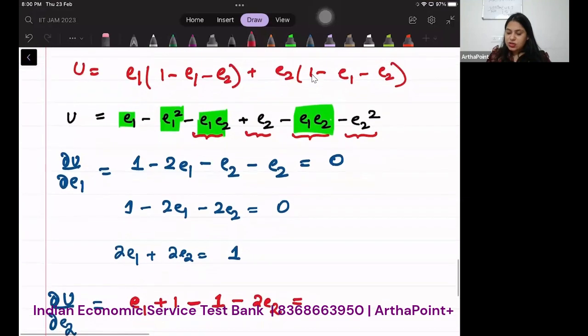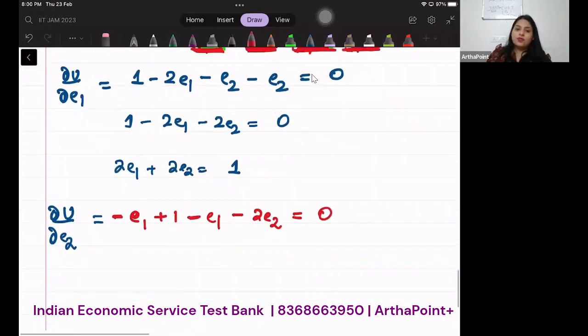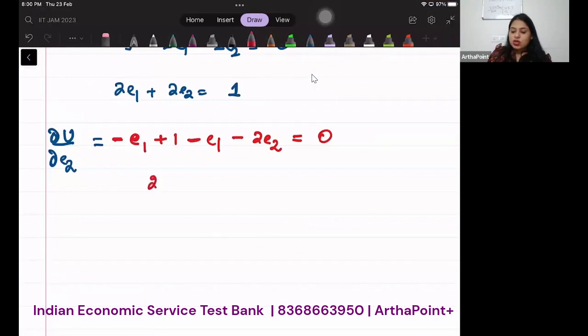If I'm differentiating with respect to E2, I will get minus E1 here plus 1 minus E1 here. E1 is a constant, minus 2E2 equal to 0. So I will get 2E1 plus 2E2 equal to 1. You will get the same equation.